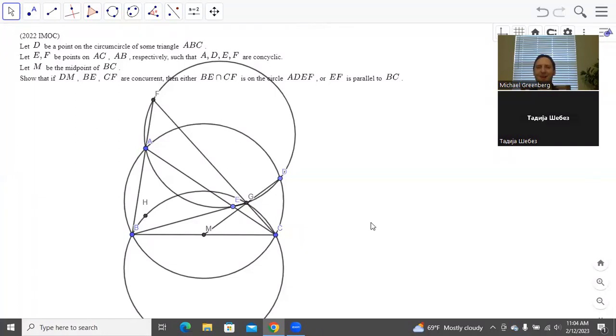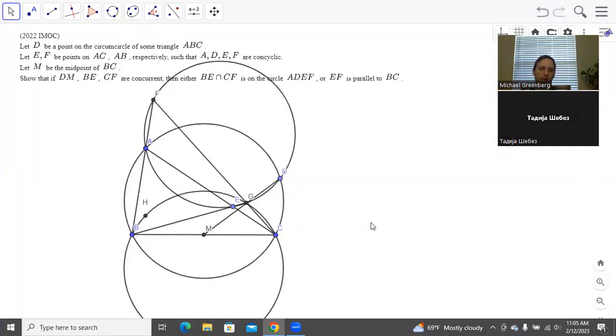All right, so that's where they're tricky. I'm sure whoever created the problem knew very well that one direction is easier than the other. So yeah, we invert about M with radius MB, and we want to show it takes G to D.